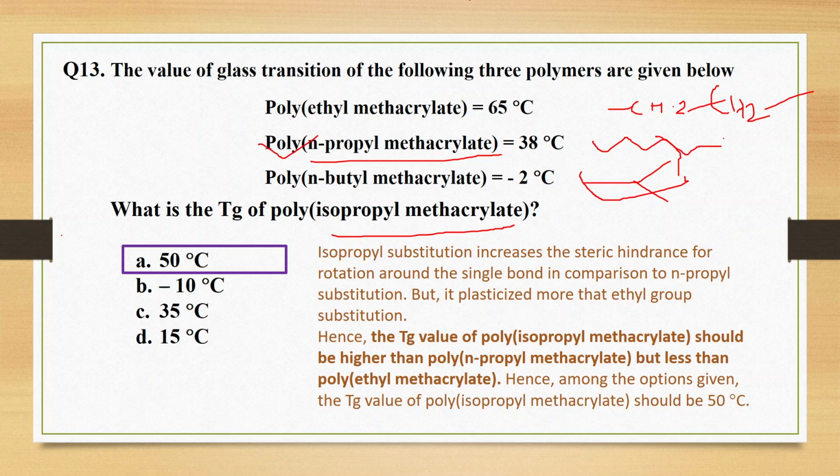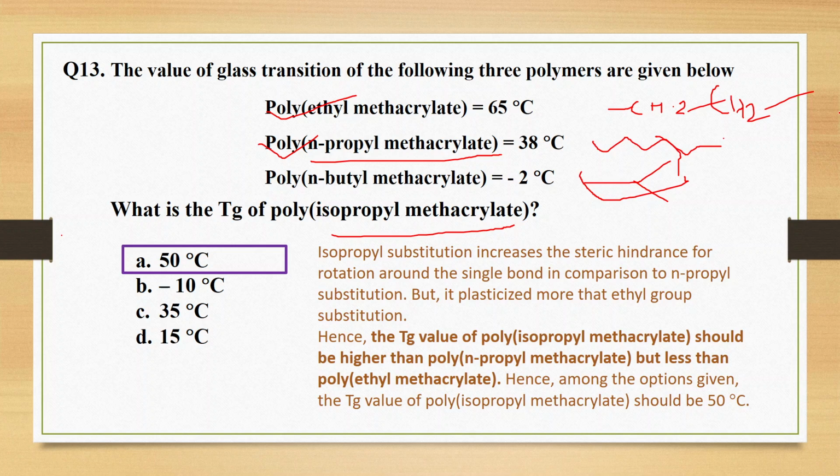Next option is it should be less than polyethyl methacrylate. Why so? Again, if you think about it, polyethyl methacrylate has a smaller side chain, that is ethyl, compared to your isopropyl, right?